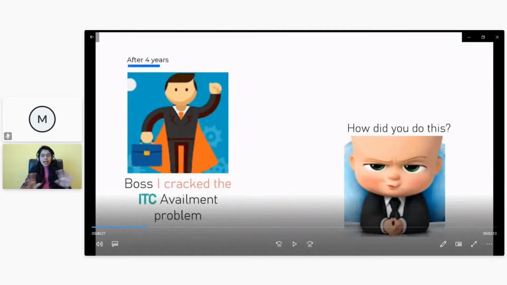In Feb I have not claimed ITC, that's okay. But when I looked into my GST 2B for the month of Feb, I was able to see the ITC. Now in the month of March, because I have actually received the goods, can I go ahead and claim the ITC while I'm filing my GST 3B? So that's the question to you. Can I go ahead and claim ITC?